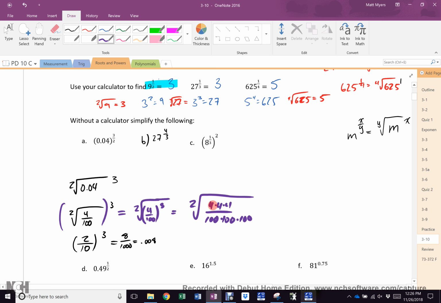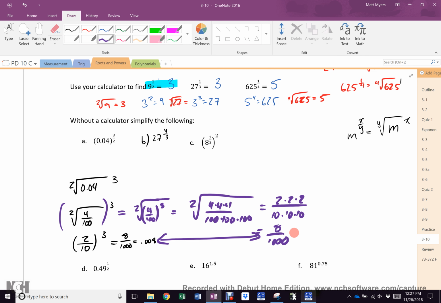Square root of 4 is 2. So that would bring out 2 times 2 times 2, correct? What's square root of 100? 10. 10 times 10 times 10. 8 over 1,000, which is the same thing. So, Catherine, to answer your question in one sentence, the 3 can either be after all of it or under the radical. Depends on what works better.